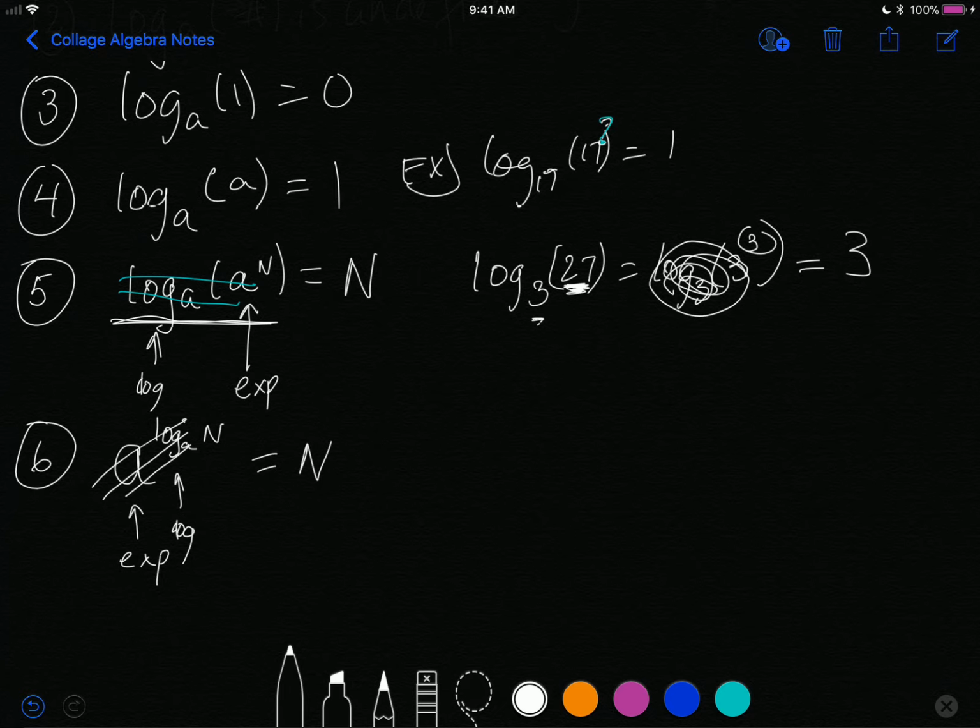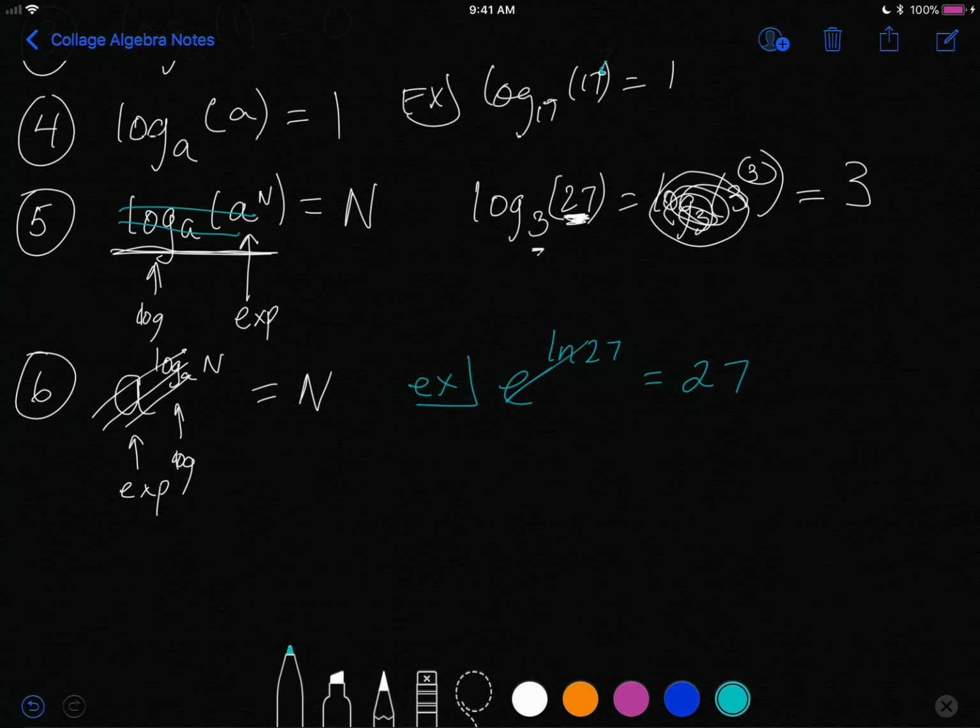The key thing is the bases must be the same. Once we have those right here, then we are in business. So for instance, if I have e raised to the ln of 27, e and ln are bases of the logs and exponential of the same base. They will cancel out. So my answer is simply 27. Look at that, look at that.